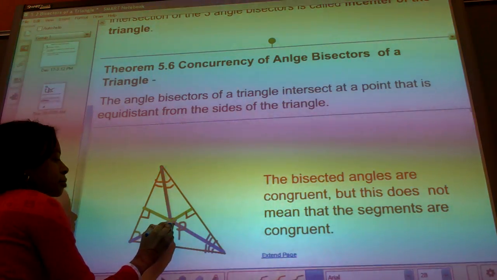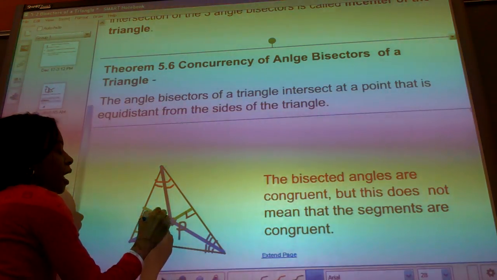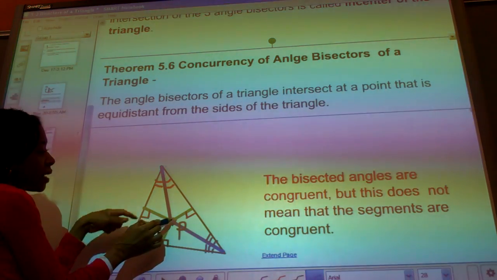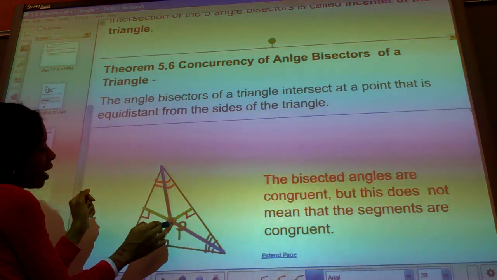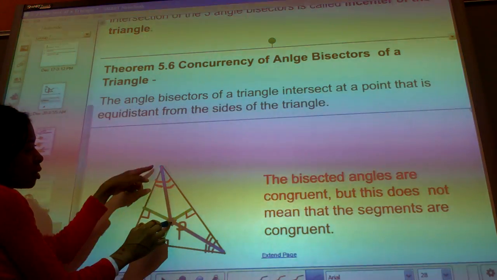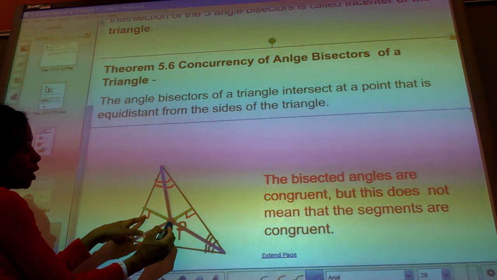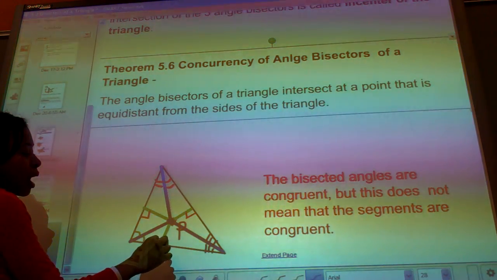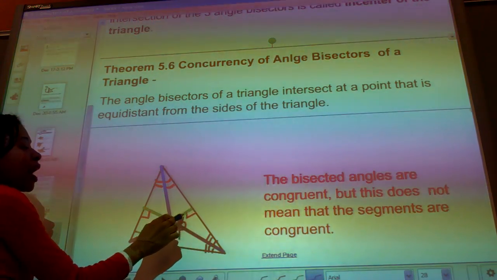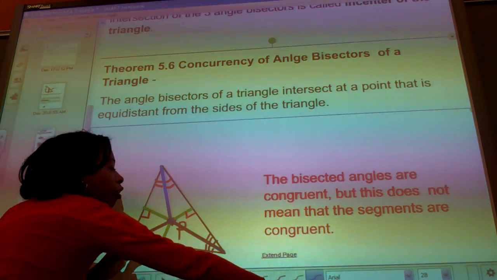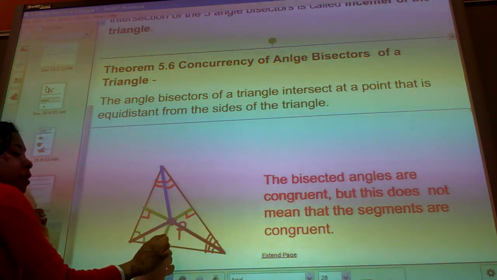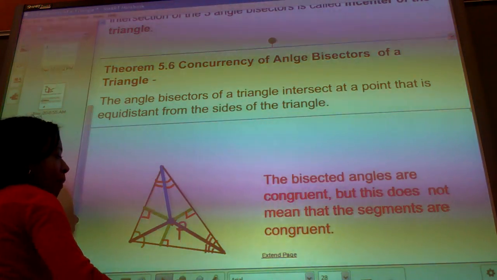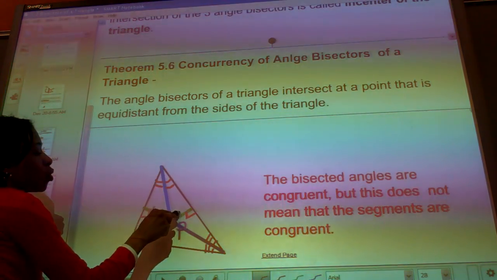So this point P is here. If I go from point P and draw a perpendicular line to this segment, like that, and I come over to this segment and do the same thing from point P, find a perpendicular line and draw it like so, and I come here and draw a perpendicular line there, that means all three of these newly drawn green perpendicular lines that were drawn from point P, the incenter, will be congruent.